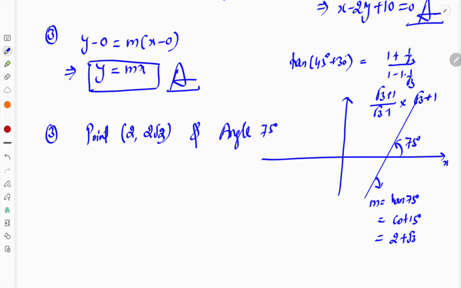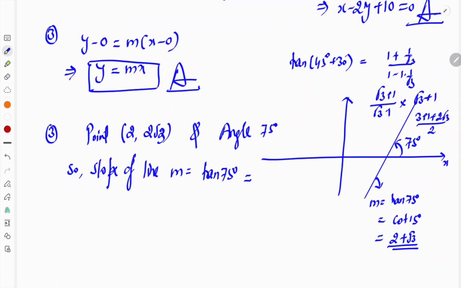So we'll have (3 plus 1 plus 2 root 3) divided by (3 minus 1), that is 2. So 4 plus 2 root 3 over 2, we'll get 2 plus root 3. So the slope of the line m is equal to tan 75 degrees, which is cot 15 degrees, nothing but 2 plus root 3. If you remember this, okay, otherwise from here you can see.